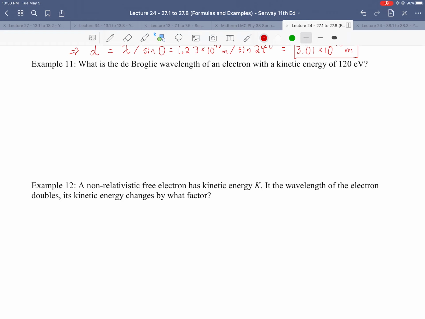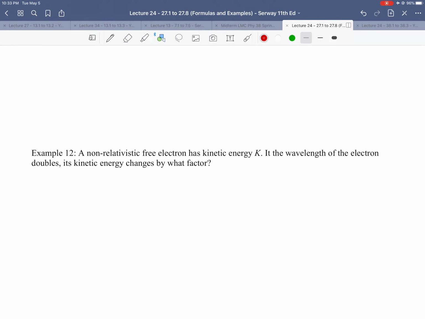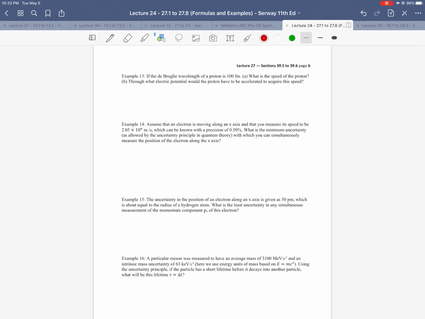If the wavelength of the electron doubles, its kinetic energy changes by what factor? This is a good one to show you, and I think this should wrap it up. I'll leave 13 for further practice, because it's just more of the same ideas, working with the de Broglie wavelength and kinetic energy.